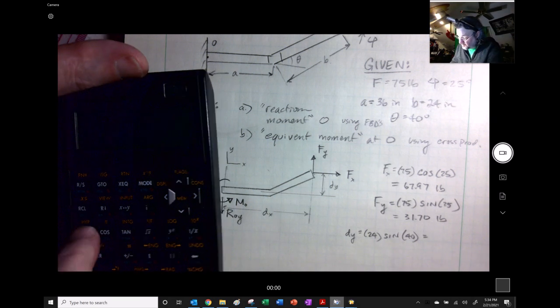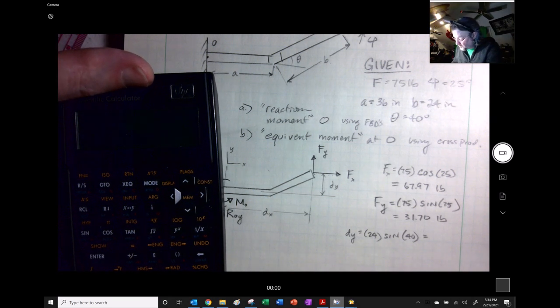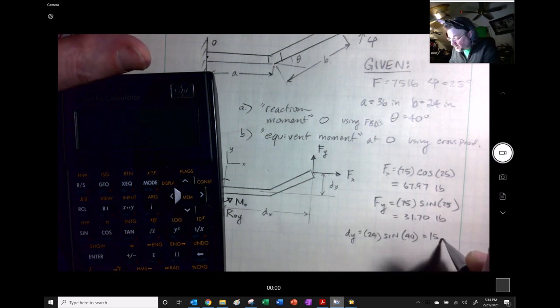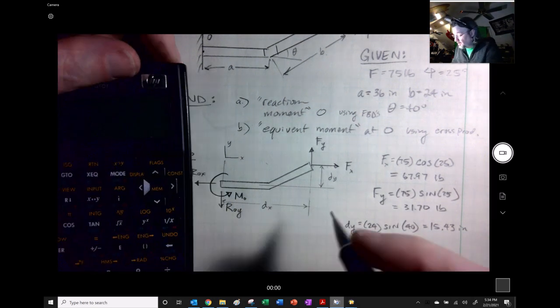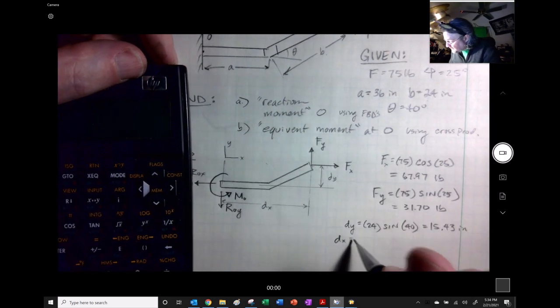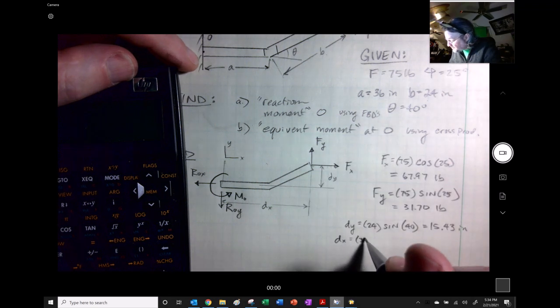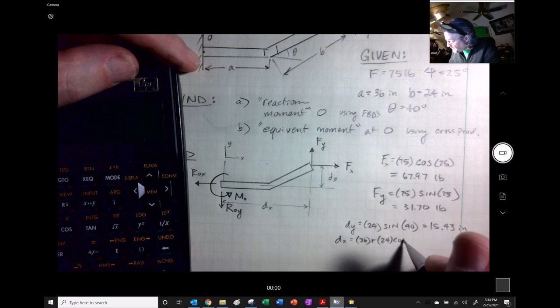All right, so that's going to be 15.43 inches. And then my dx is going to be 36 plus my 24 times the cosine of 40.